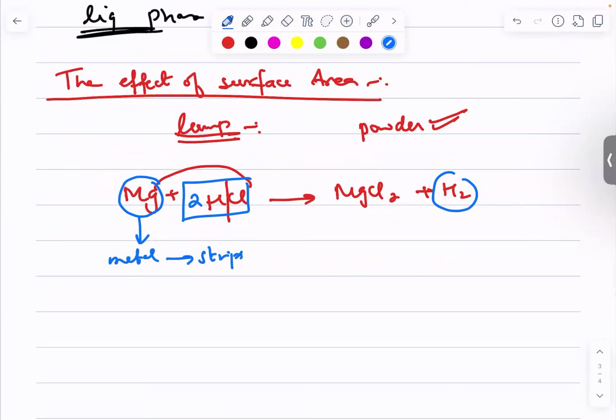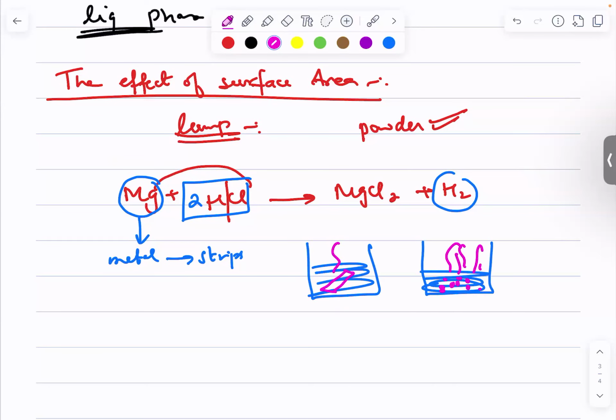If you dip a strip of magnesium in acid, it is definitely going to react, but it will take some time. But if, instead of the strip, with the same amount of water and the same vessel, you have powdered magnesium, the surface area is increased and hydrogen is given off more quickly.